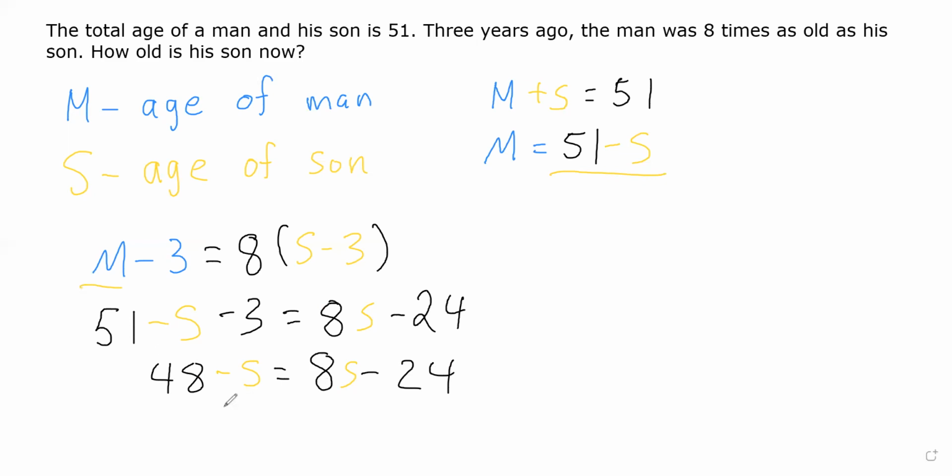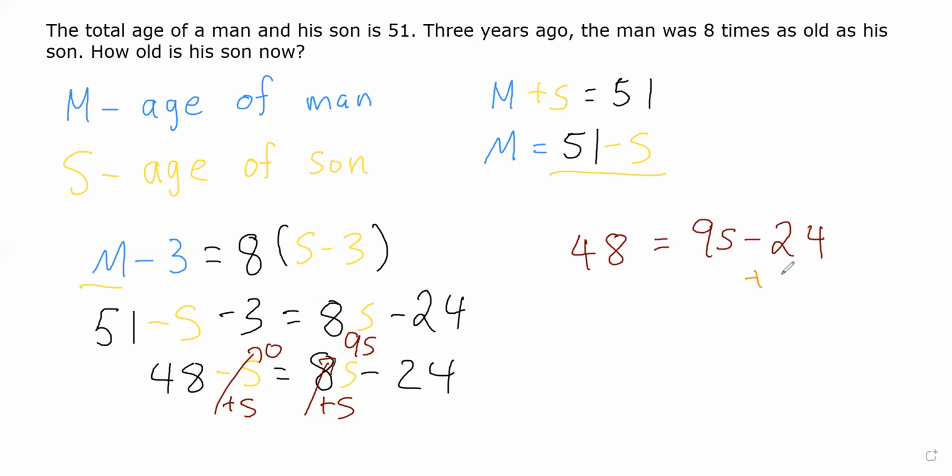So we can add S on both sides of this equation. We have negative S plus S, this is equal to 0. And then 8S plus S, this is 9S. 48 is equal to 9S take away 24.